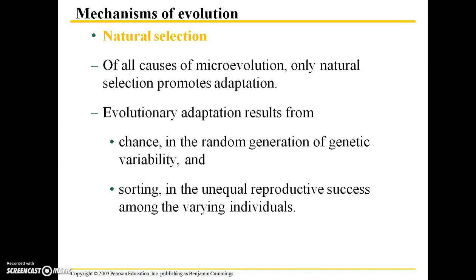So it's any sort of heritable trait that is actually advantageous. Evolutionary adaptation results from chance in the random generation of genetic variability, and it also results from sorting in the unequal reproductive success among the varying individuals.